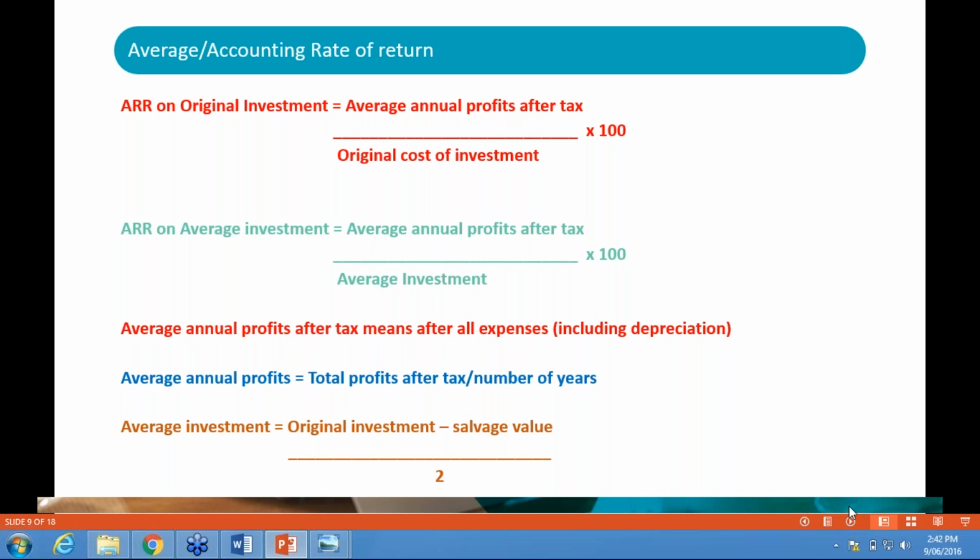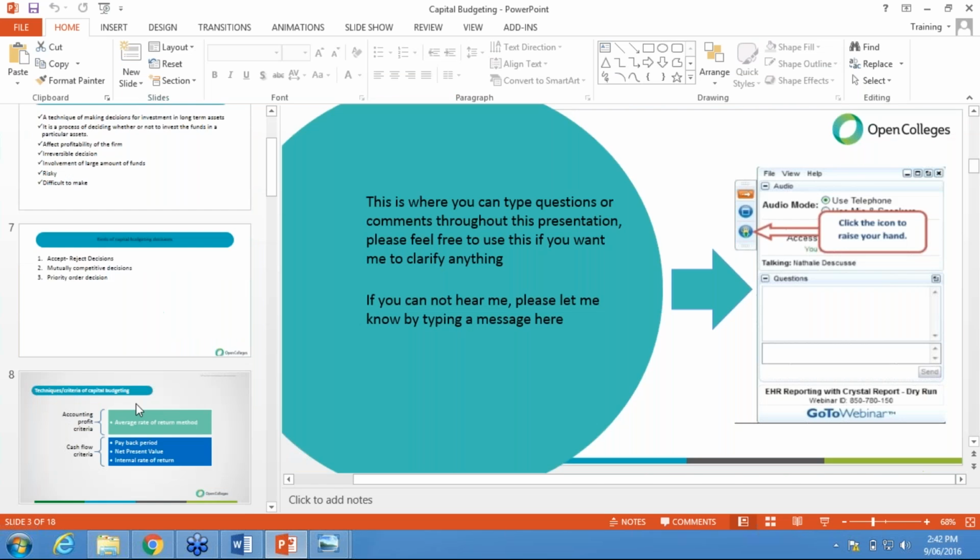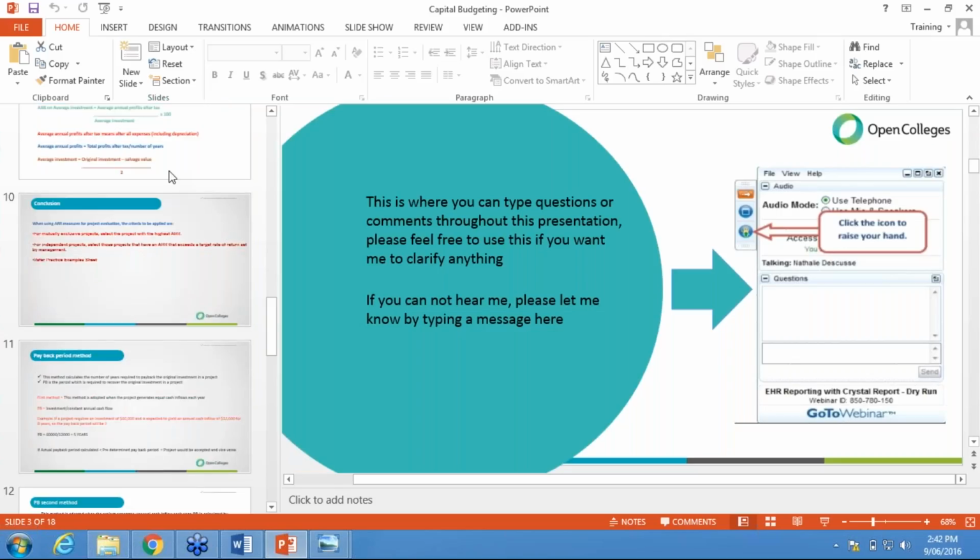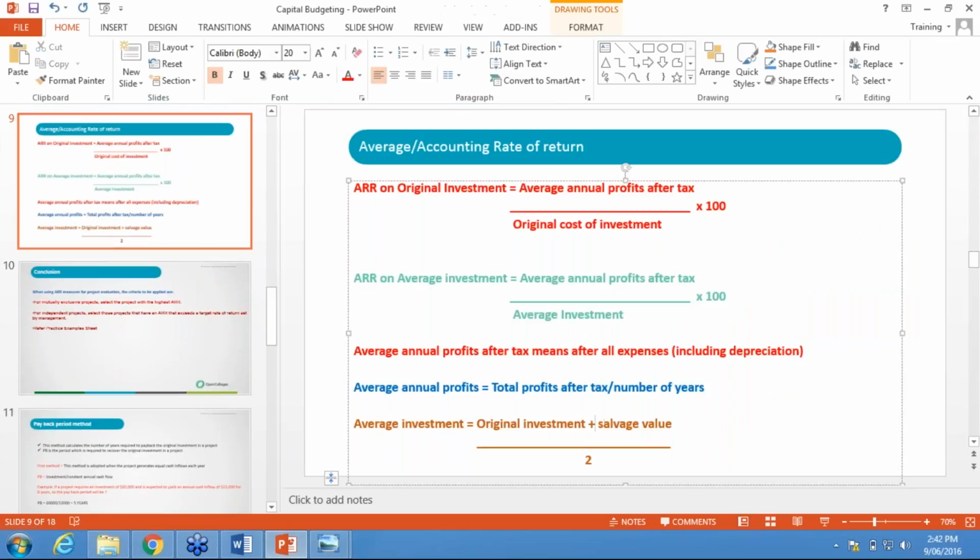Salvage value means scrap value, you can say that.